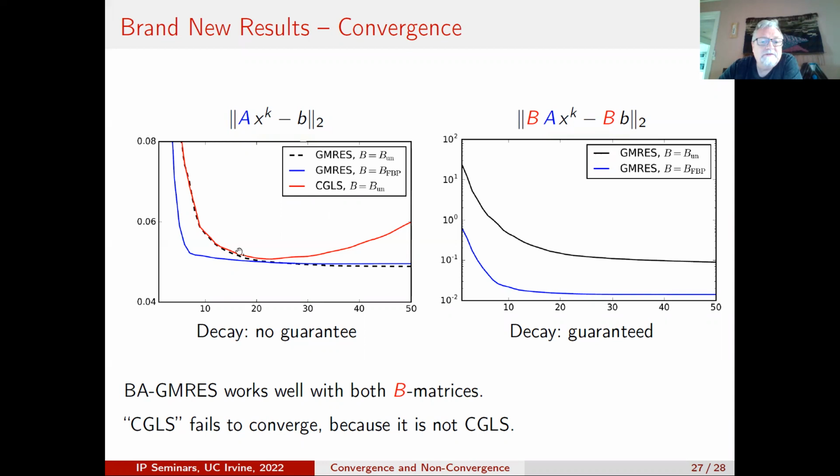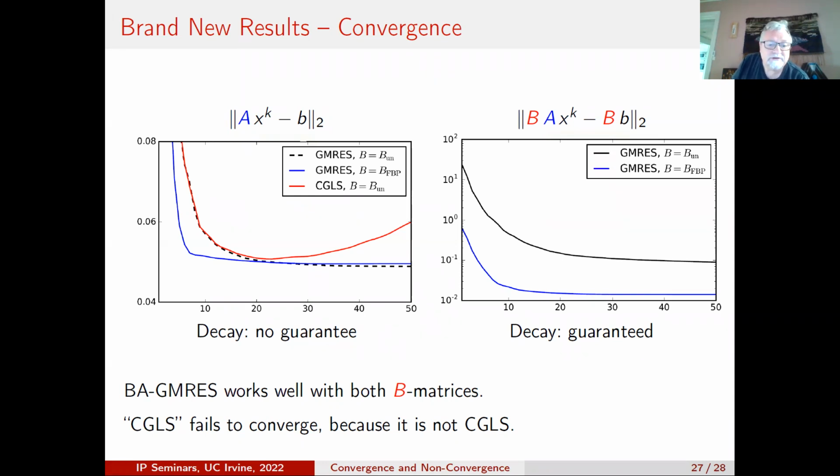This is the convergence that you will obtain if you take your code for the CGLS method, but whenever you see A transpose, you plug in your B matrix, which is no longer the transpose. So of course the method is no longer CGLS.